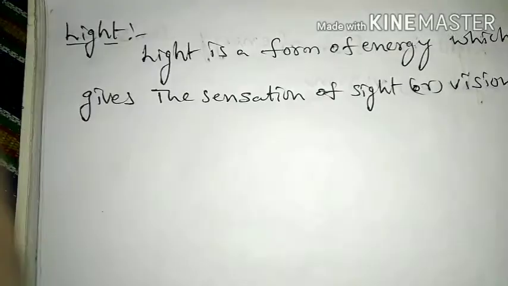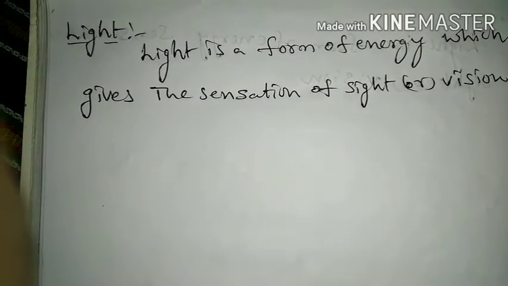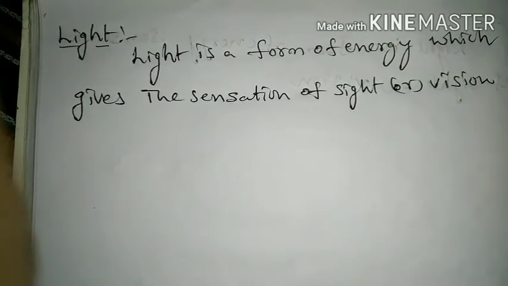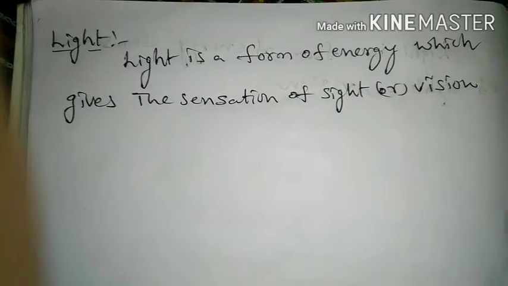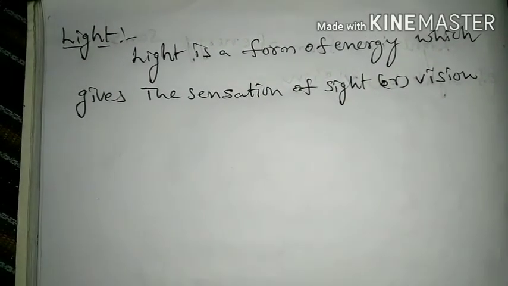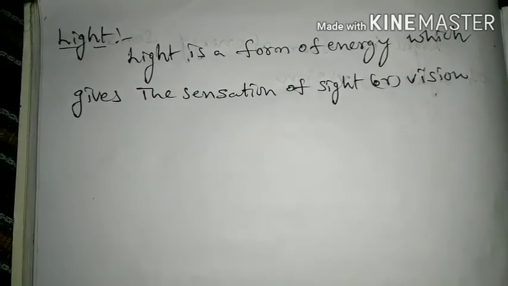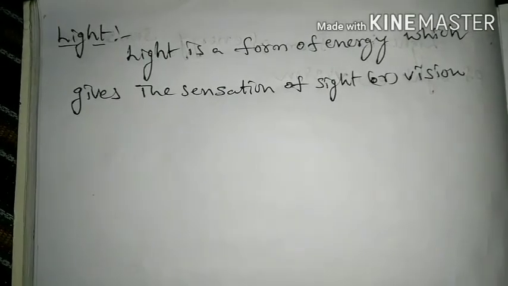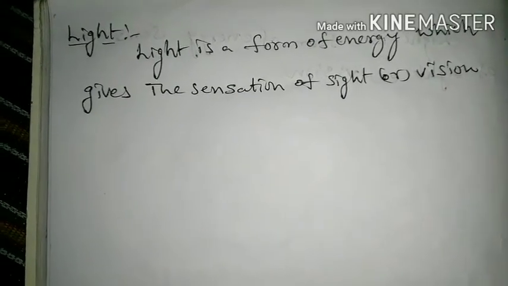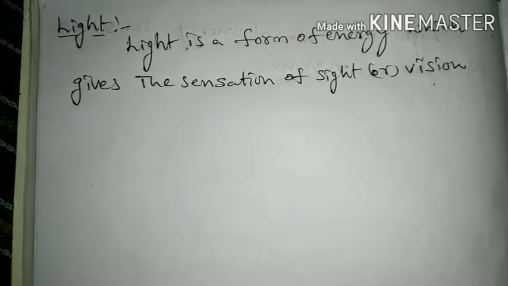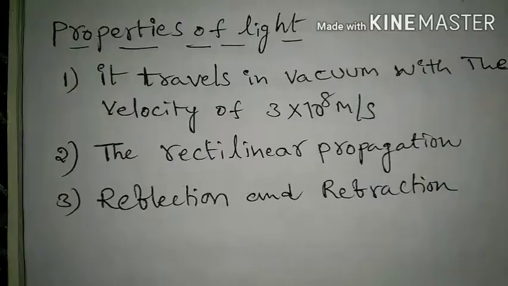After that, switch on the light and the room becomes visible. Light is a form of energy which gives the sensation of sight or vision. This is an example for light.